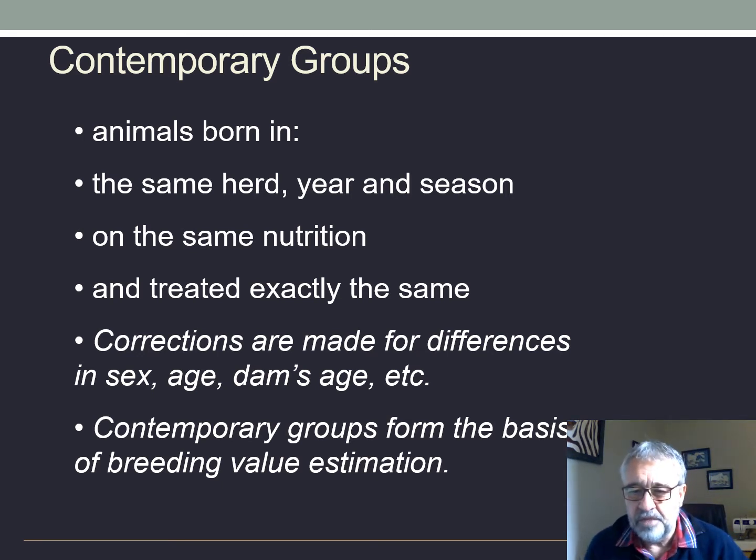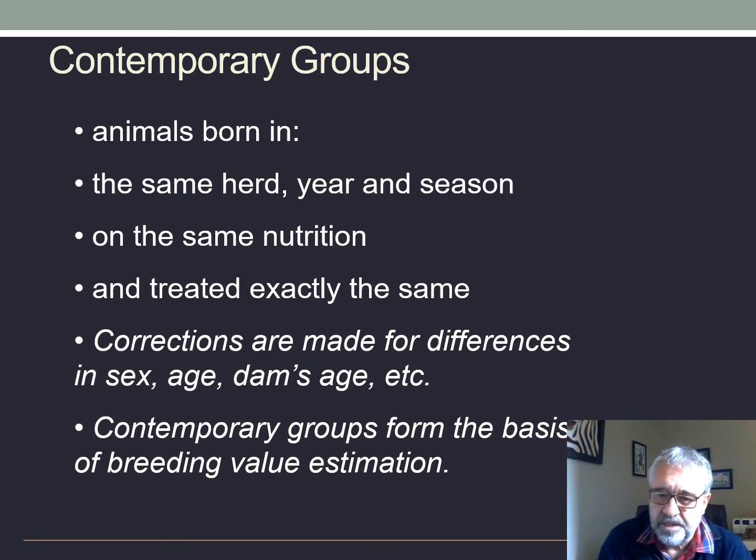If some animals were treated differently to the one group, you cannot compare them. They need to be compared in their own group. They need to be treated exactly the same. And then one can also make some corrections for differences in the sex of the animal, the age of the animal, the age of the dam, and maybe the parity of the dam can also be tested to have an effect on, let's say, weaning weight and so forth. And that forms the basis of breeding value estimation.